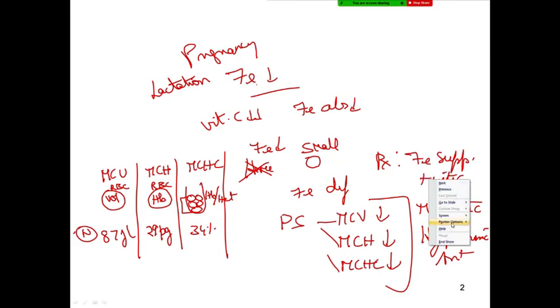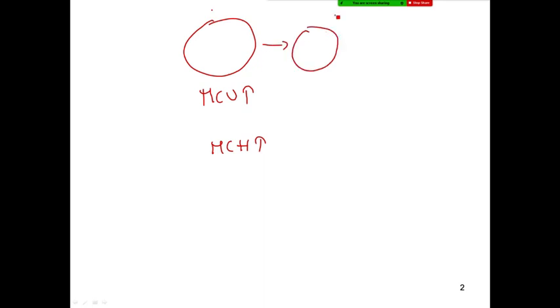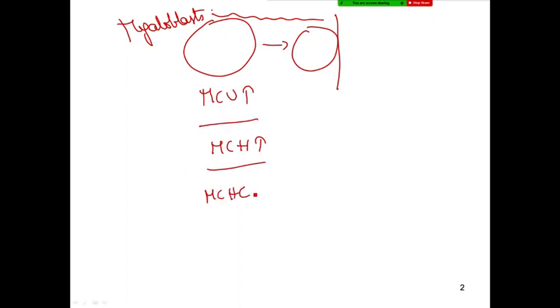That's about iron deficiency. Next, if MCV is increased, MCH is increased, what does that tell you? Cell is big or small? Big. That means on the peripheral smear, we are seeing the precursors or the megaloblasts. So if you see this picture, where MCV has increased, MCH increases, but what happens to MCHC? It stays normal.